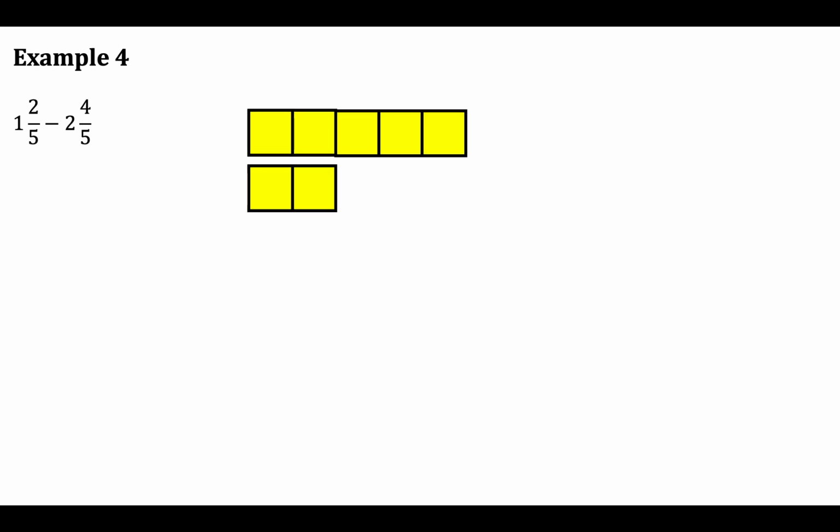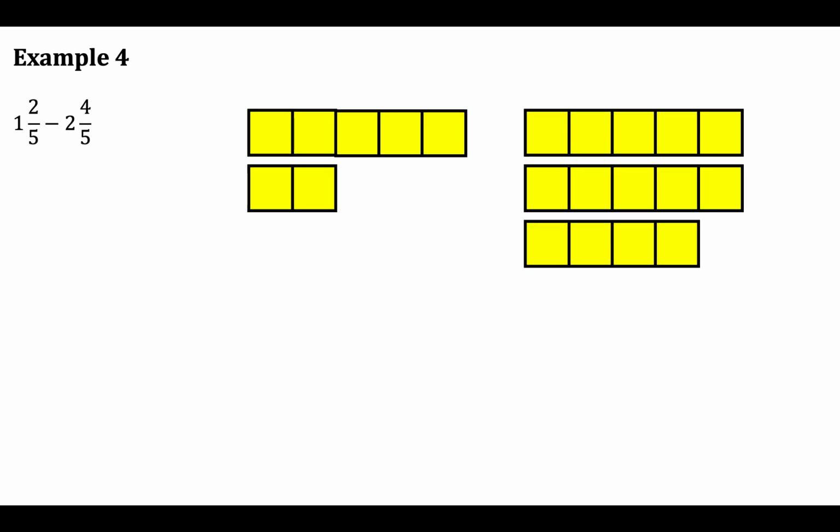Example 4. So 1 and 2 fifths minus 2 and 4 fifths. So there's our 1 and 2 fifths, and our 2 and 4 fifths. Now we're subtracting here, so we know that subtracting is the same as adding the additive inverse.